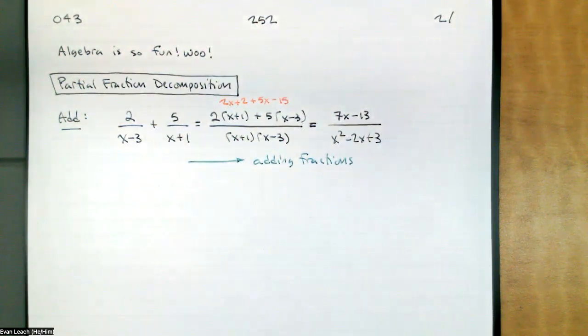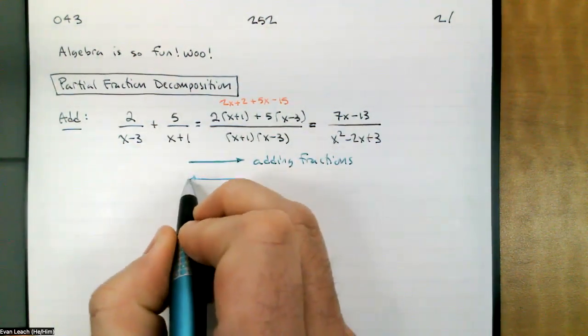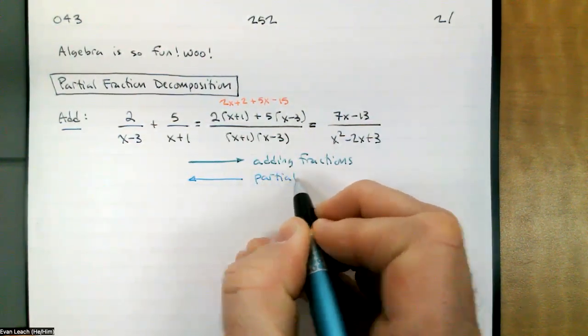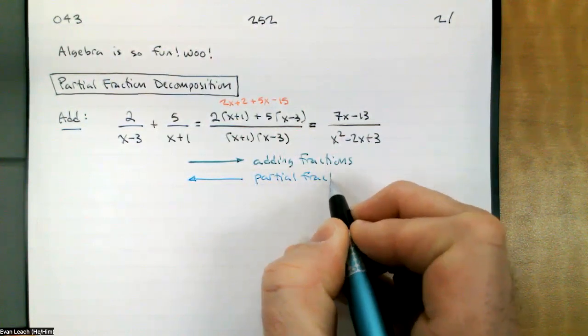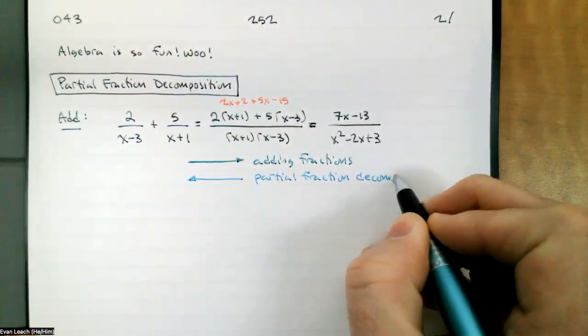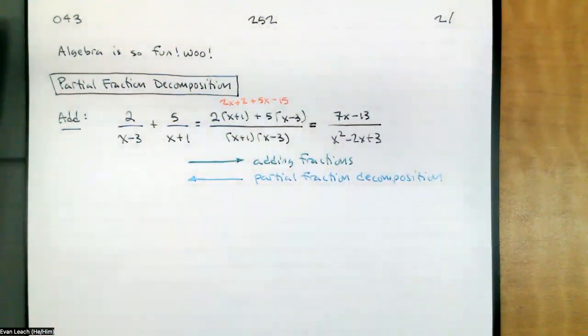To reverse this process is partial fraction decomposition. Reversing this process is called partial fraction decomposition, and that's what we want to learn how to do.